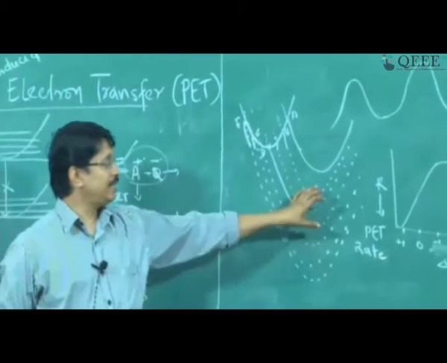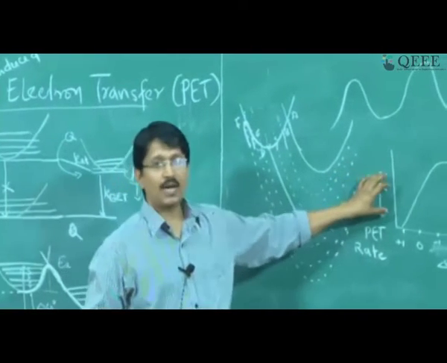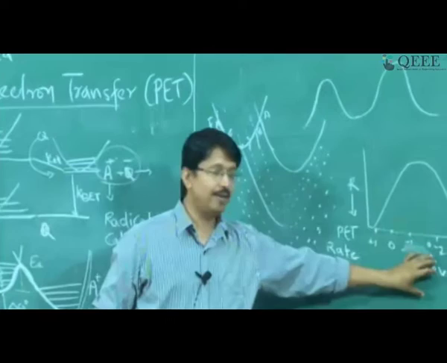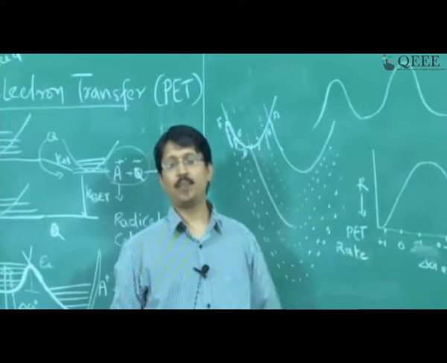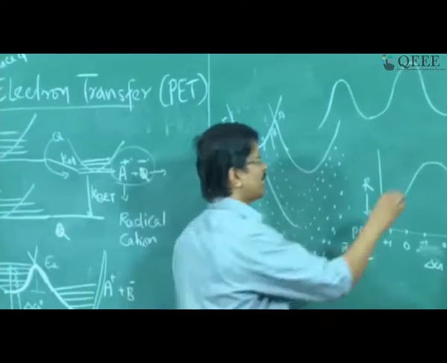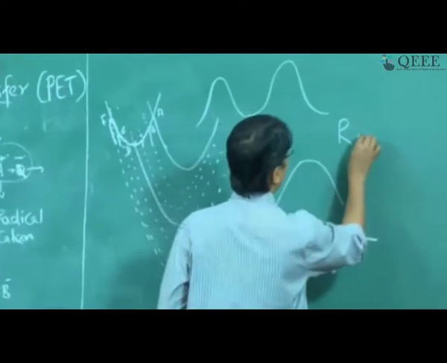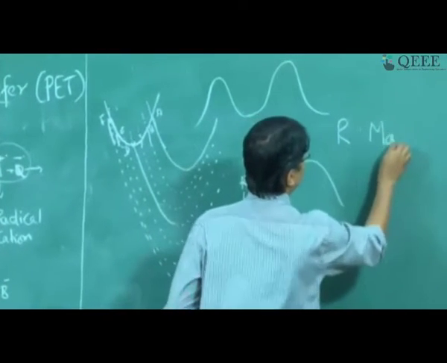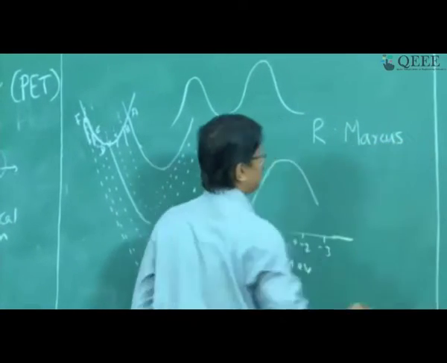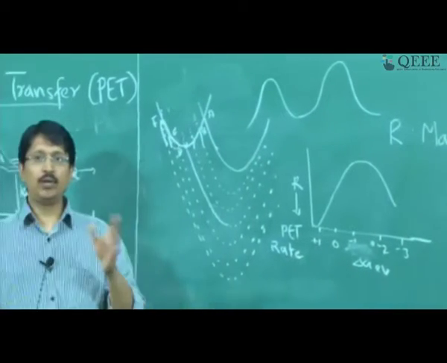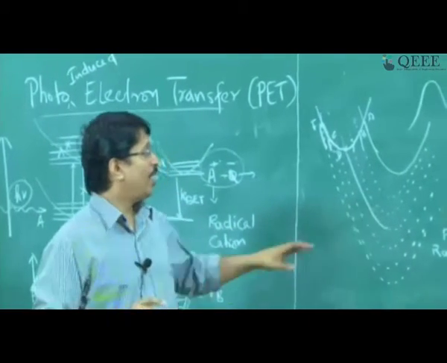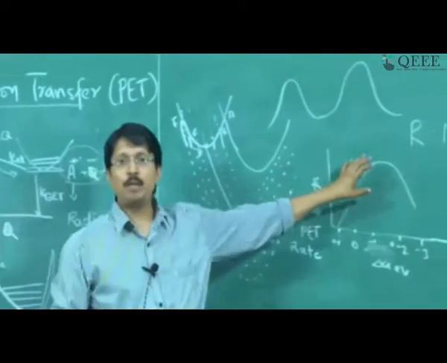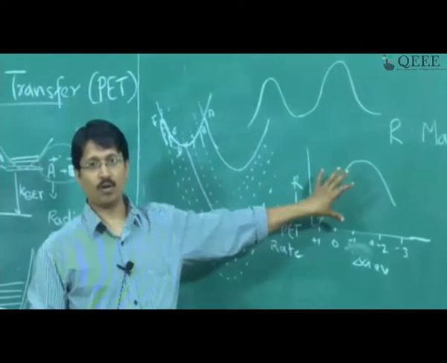The relation between the photo-induced electron transfer rate and the Gibbs energy was established theoretically by a professor called Rudolf Marcus. That was happening during the 50s or early 60s, and at that point there was no experimental verification for this prediction.